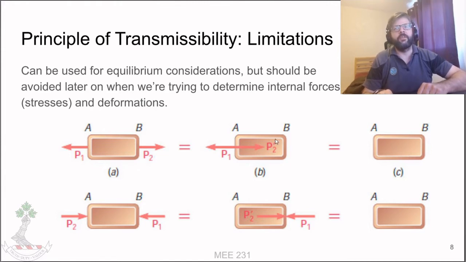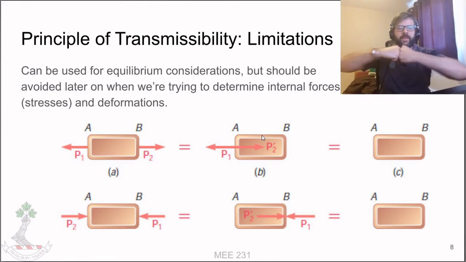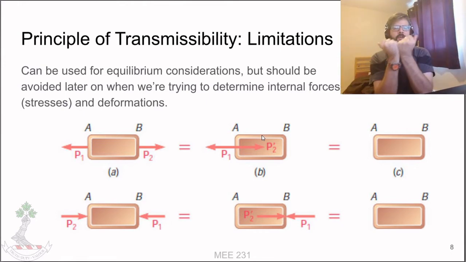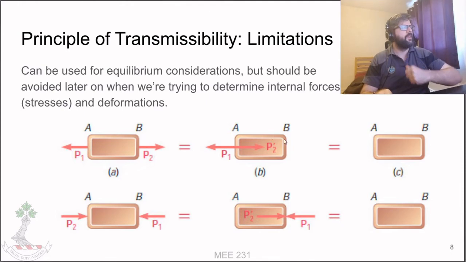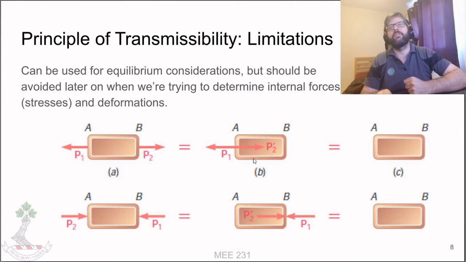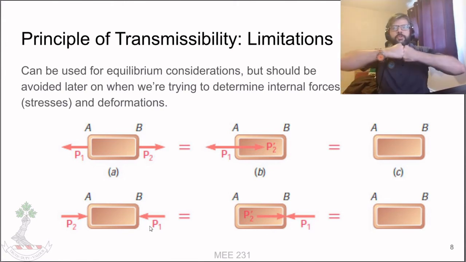But internally, because those two forces would be canceling out at the same point, or pulling together at the same point, internally, this wouldn't develop any tension. But from an external perspective, for equilibrium purposes, these are the same things. And of course, the same thing works out if you're pushing together.